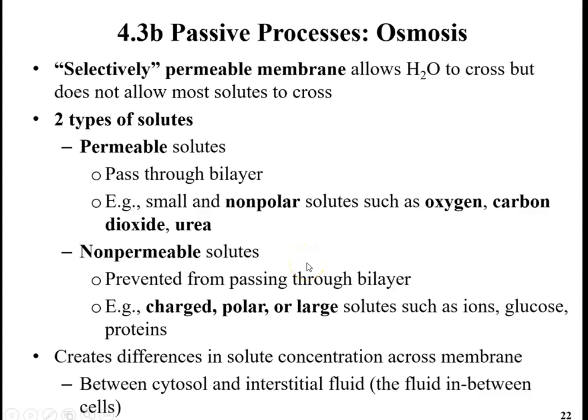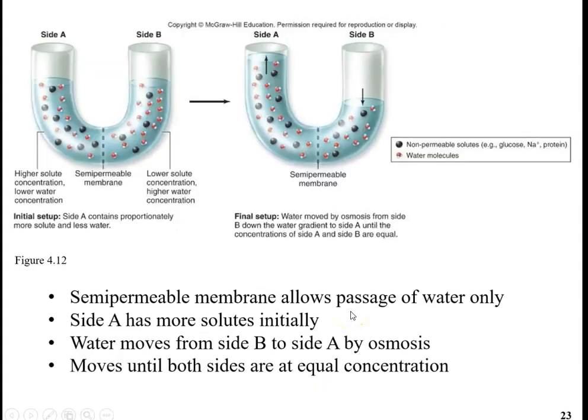This is going to create differences in the solute concentration across the plasma membrane. Or, in other words, there's a solute concentration difference between the cytosol and the interstitial fluid. And the interstitial fluid is just the fluid in between the cells. So here's an example.